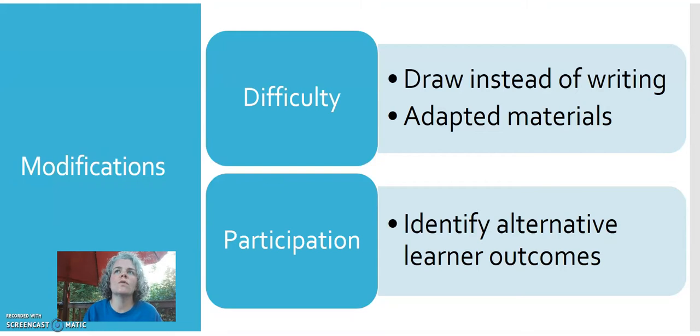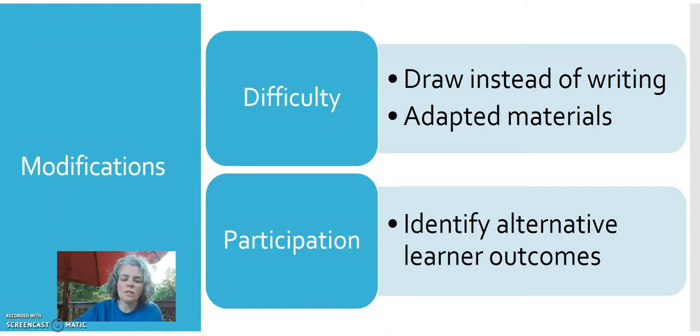For a student with an intellectual disability, they may get that first page with that problem, but instead of just writing 12 plus 48, we write 12 plus 48, and then we have that first step, which would be, all right, let me think in my head, 2 plus 8, then they write the answer. And then maybe we have them fill in the 0, and then the second part is carry the 1. And then the third step is, right, so we're breaking it down and we're changing the difficulty of the problem. We're just really adapting the materials for students.